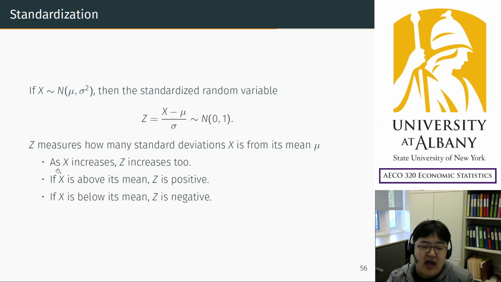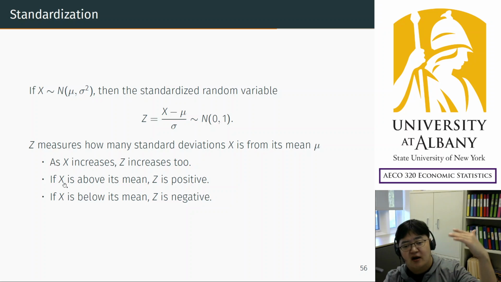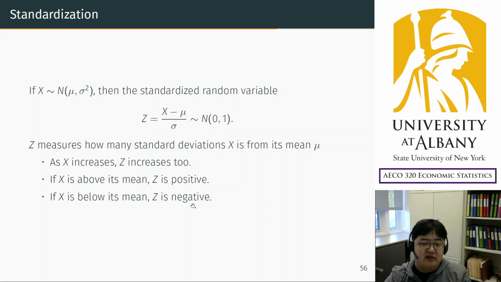So if X increases, Z would increase too. If X is greater than the mean, then Z is positive. But if X is below its mean, then Z is negative. We learned this kind of interpretation in chapter 4, where we interpret the standard deviation as a unit of volatility, a variability.